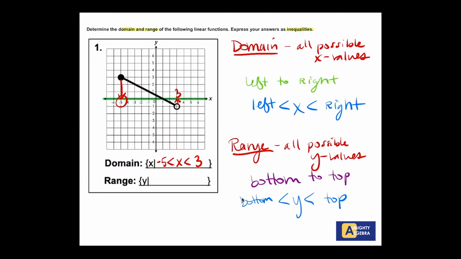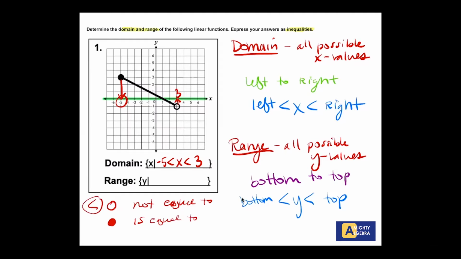Sometimes you're gonna see points that look like this, which means it is not equal to. And sometimes you'll see an endpoint that looks like this. That means it is equal to. When you have a symbol that looks like this, it's unshaded, your inequality symbol is going to look like this.